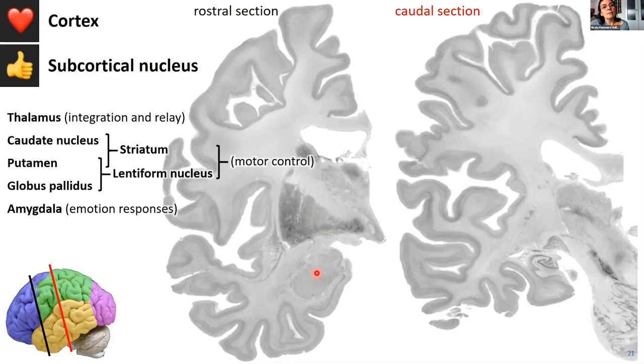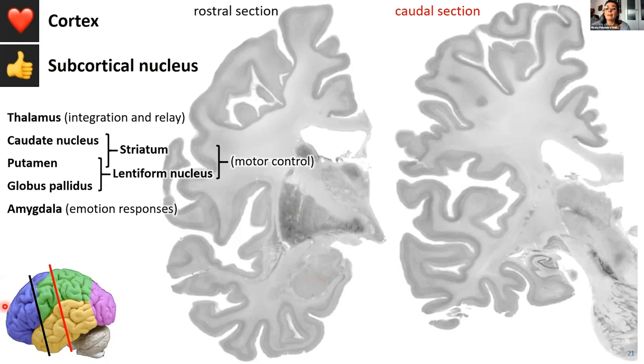Now, the amygdala, would that be a subcortical structure or would that be cortex? Hands up. Some hands are going up. No, the amygdala is a subcortical structure.